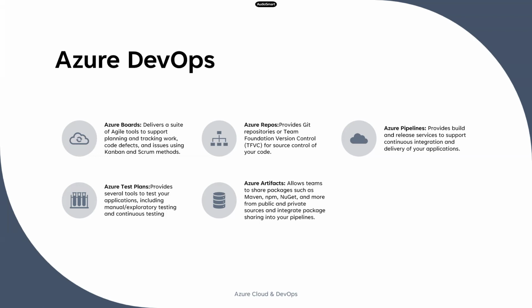First of all, Azure Boards is something like tracking. It is a web-based planning software. We can plan, we can track the team, we can track the tasks, and we can discuss everything that is happening in the entire development process.